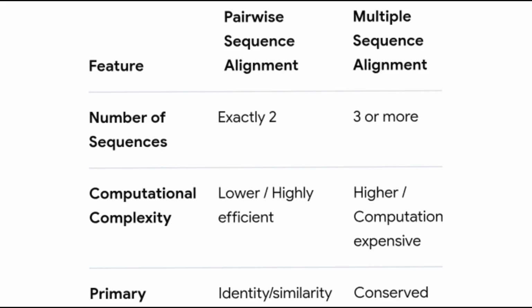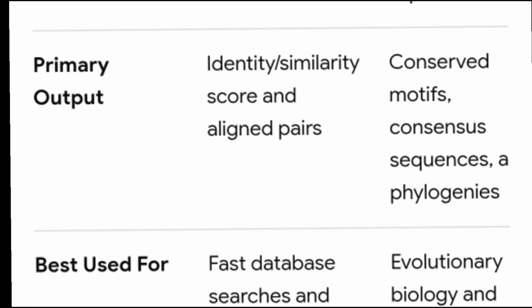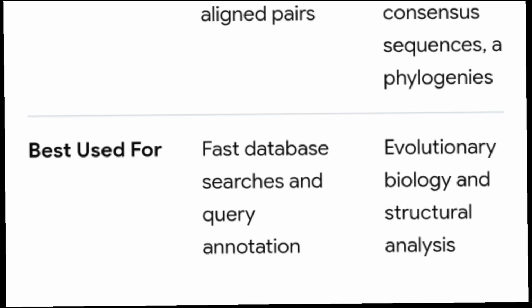The primary output of pairwise sequence alignment is identity, similarity scores or aligned pairs, whereas for multiple sequence alignment it is conserved motifs, consensus sequences, phylogenies. Pairwise sequence alignment is best used for fast database search and query annotations, whereas multiple sequence alignment is best used for evolutionary biology and structural analysis.